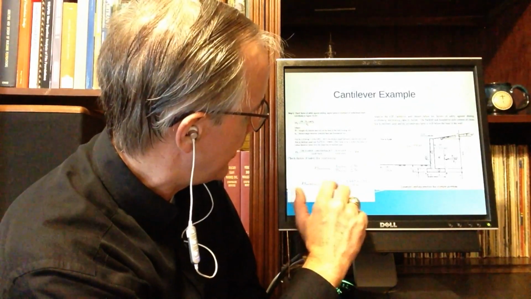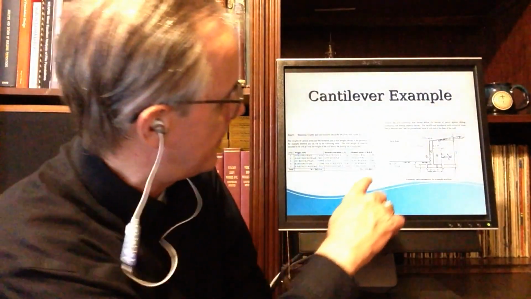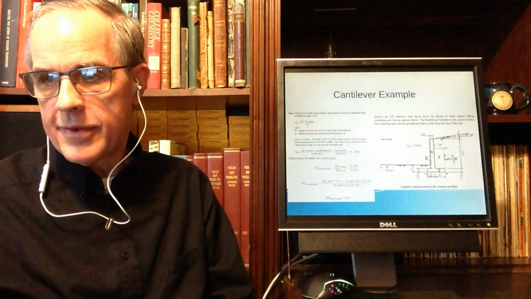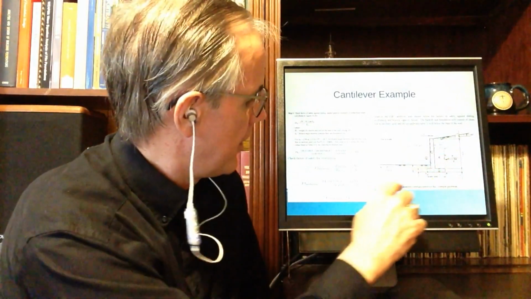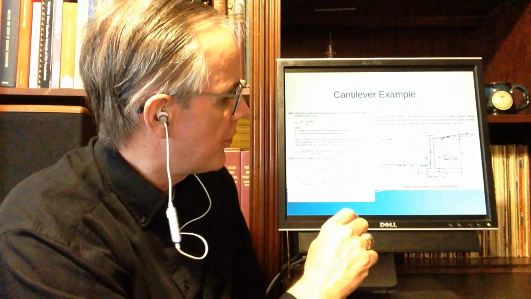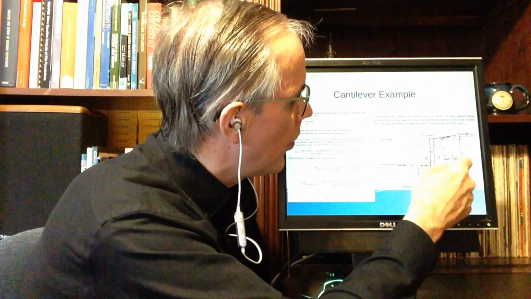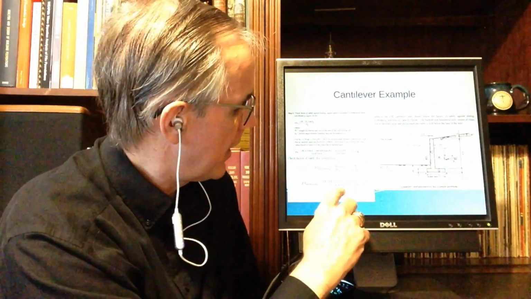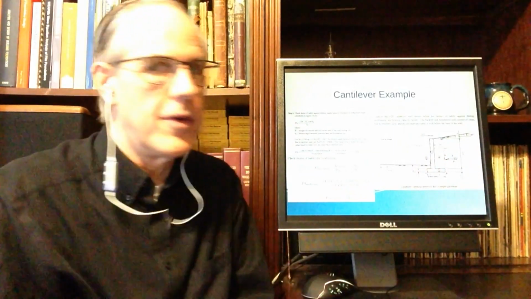The resisting moment I actually computed a couple of slides ago, based on the weight, plus a little additional help, not a lot, from this PV times this moment arm here. The driving moment is basically the horizontal force times this moment arm here. I computed all of these earlier, and I get a factor of safety against overturning of 3.4.